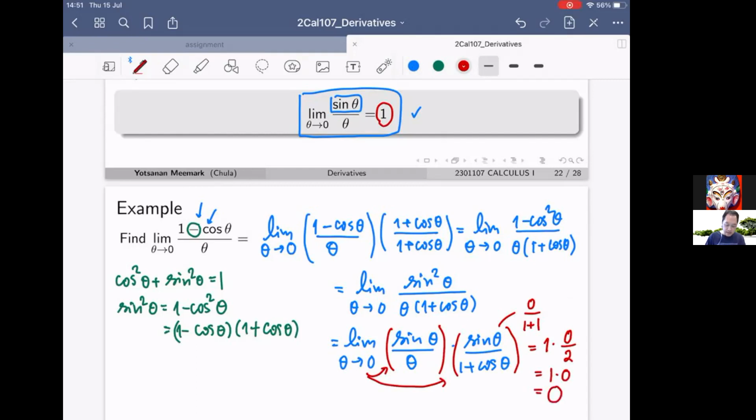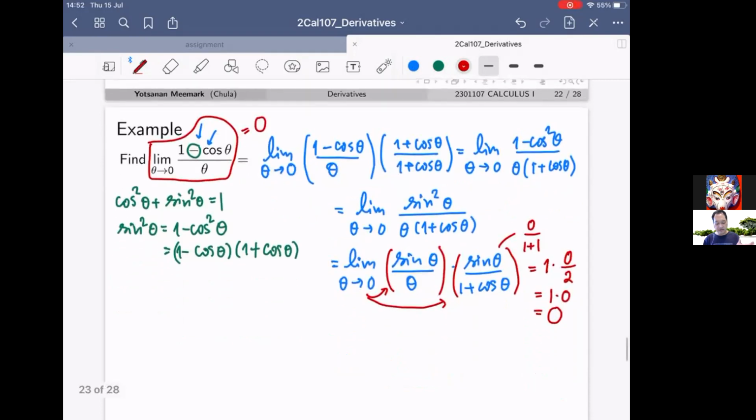So it means that the limit of this function, 1 minus cosine theta over theta, will be 0. The reason we find it like this instead of plugging in is that you should be able to see at first that if you plug in it becomes 0 over 0, right? So that's why we manipulate it this way.